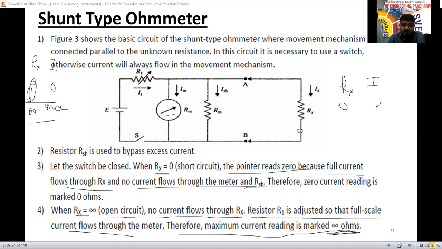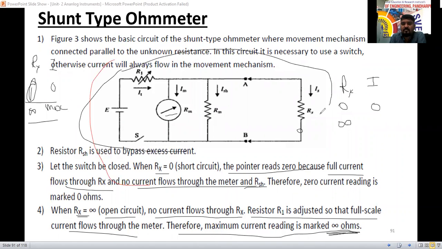Okay. If Rx equals infinity, what is the value of current? Maximum or 0? Check the circuit carefully.